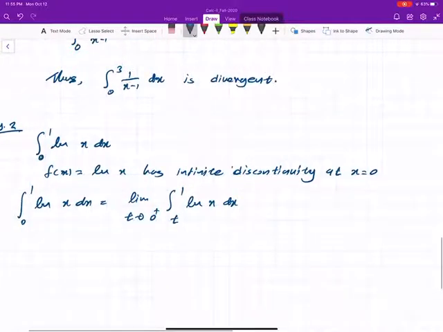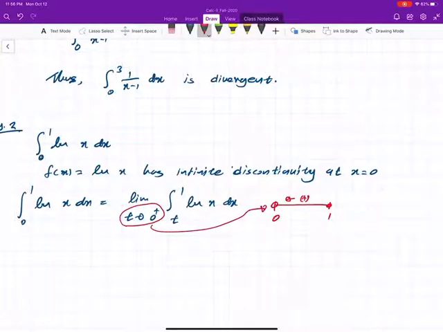Let me explain how it comes. So here you have 1, here you have 0. It is defined at 1, it is not defined at 0. So you are reaching 0 from the positive direction. The right hand side is the positive direction.